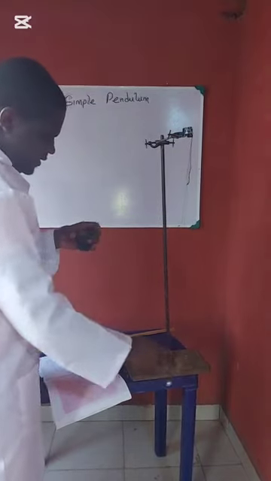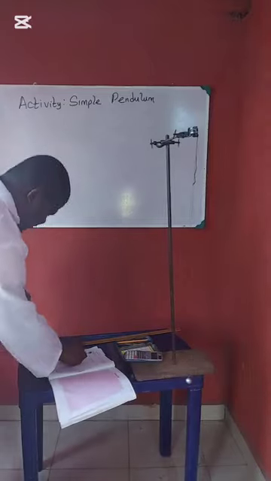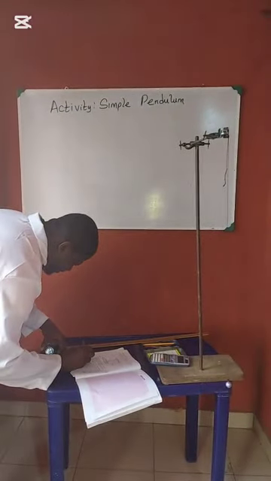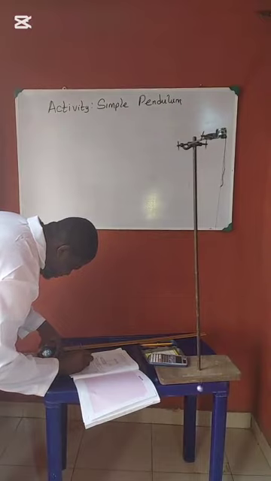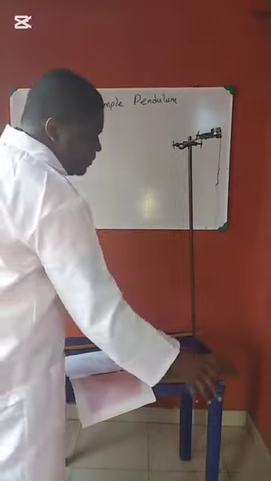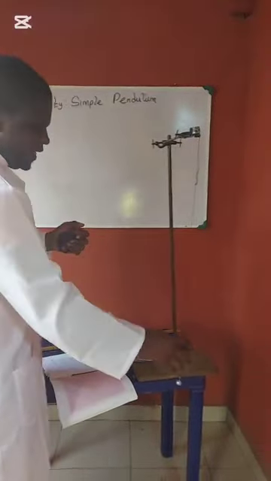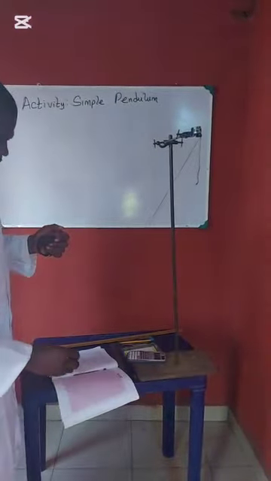My time here is 16.28. So I'll record 80.00, 16.28. I will repeat this experiment again with the length equal to 80 cm.